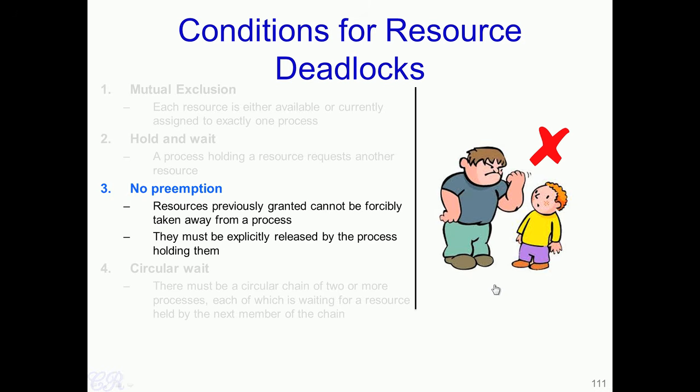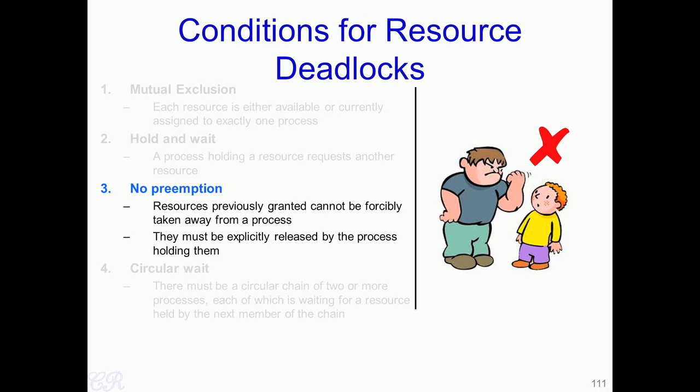The third condition for a deadlock to happen is no preemption. Essentially, it should not be the case that resources which an operating system previously granted for a particular process are forcibly taken away from that process.